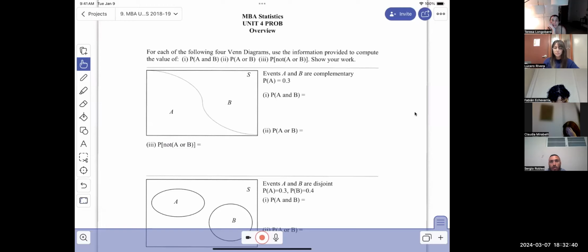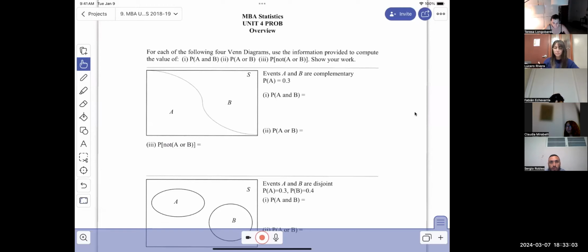These are a series of 4 Venn diagrams. Venn diagrams, you may have seen these in your education history. This is something you learn about very early in education. If you didn't learn them, you're going to learn them now.